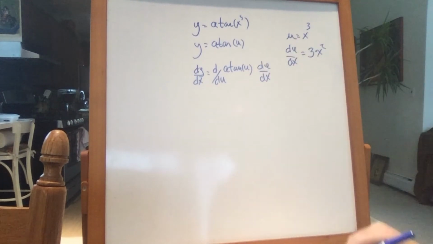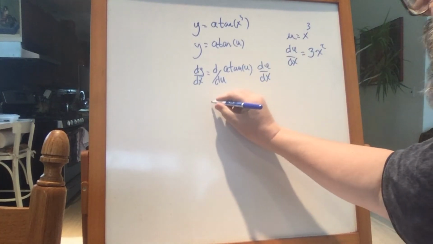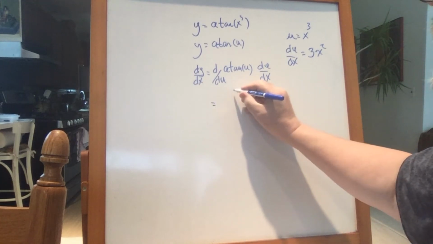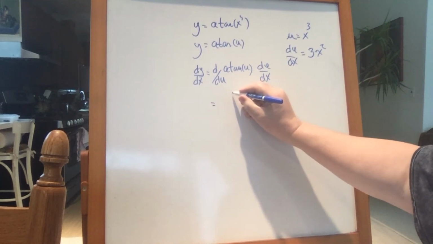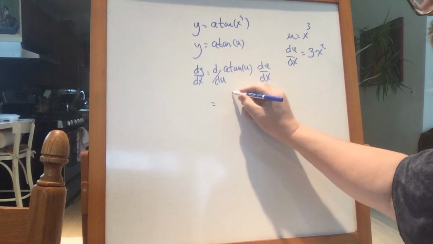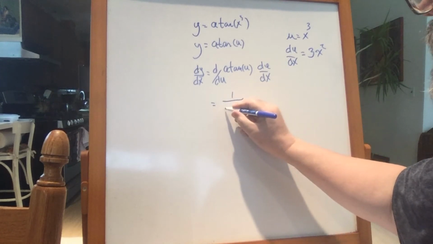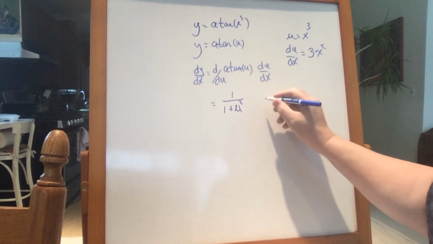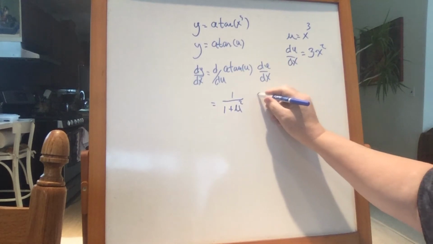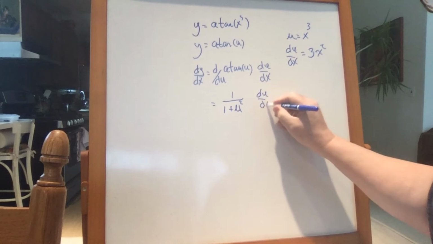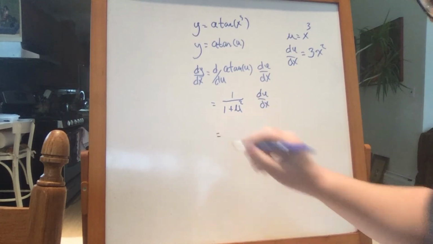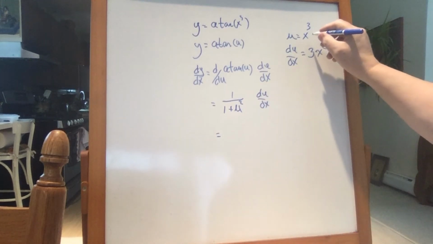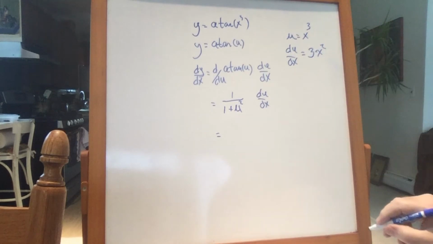Now, we already did the arctangent. What was that? That was 1 over 1 plus u squared times du/dx. And so what's u? U is x to the third.